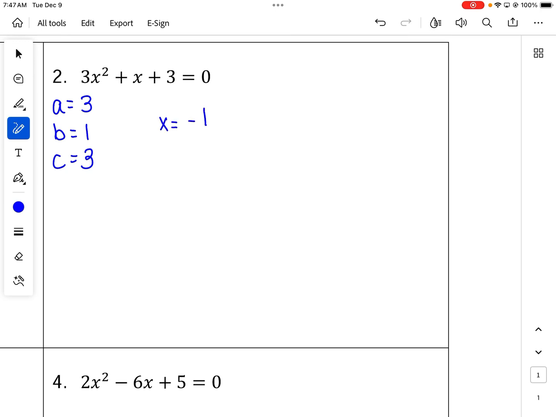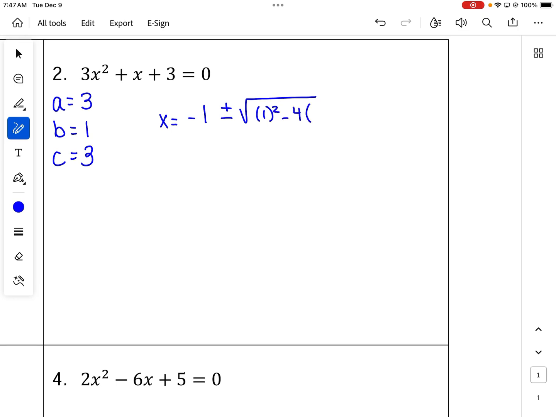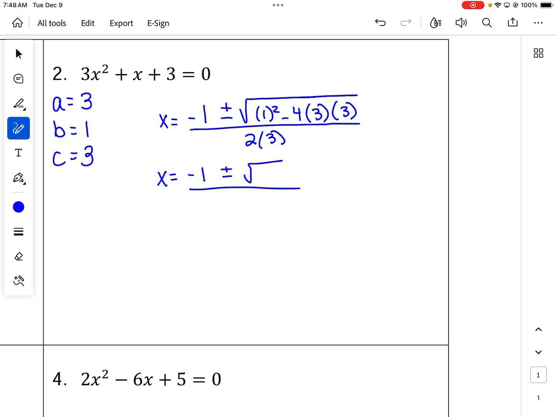So x equals negative b plus or minus the square root of b squared minus 4ac, all over, that means this is all as a fraction on top, and then 2 times a. So we get x equals -1 plus or minus. I need to find out what that is.